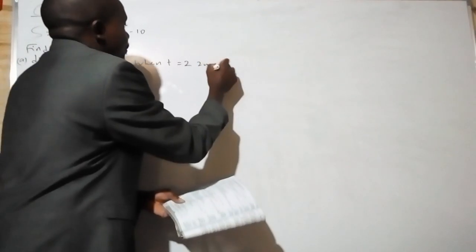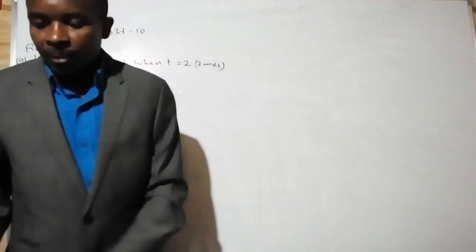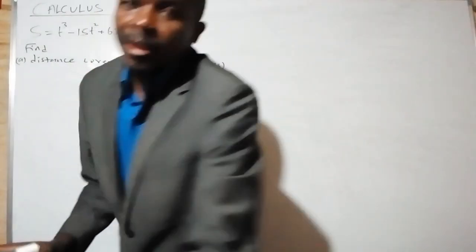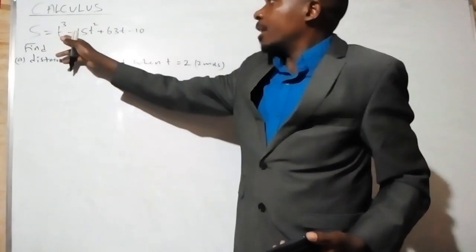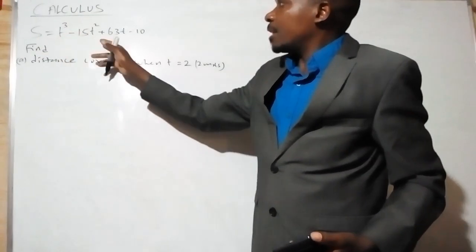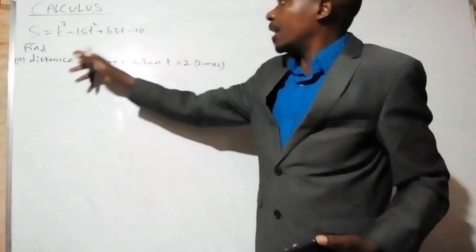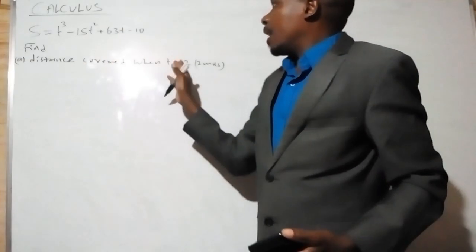In this, what you're supposed to do is just substitute. This is the equation for the distance: S is equal to t cubed minus 15t squared plus 63t minus 10. So we substitute, where we have t, we replace with 2.